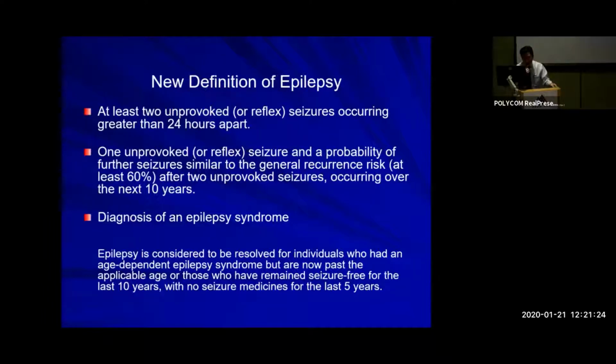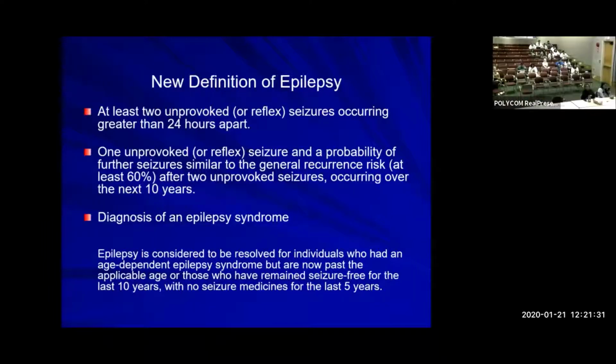The second bullet point they added was if you're able to diagnose a specific genetic epilepsy syndrome based on the one seizure. And sometimes you can do that, although in practice it's not always so easy to do.